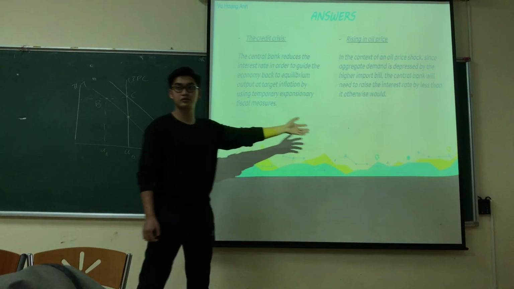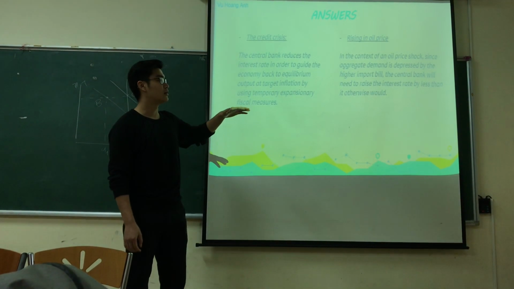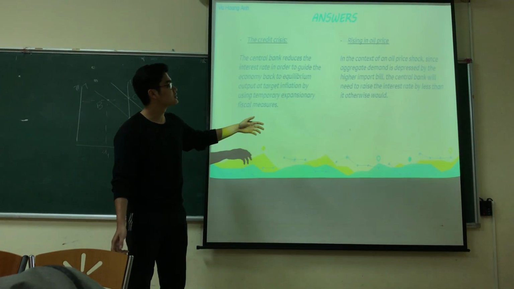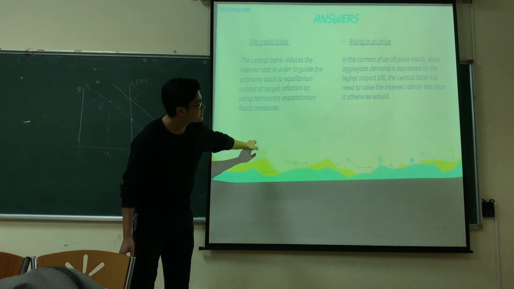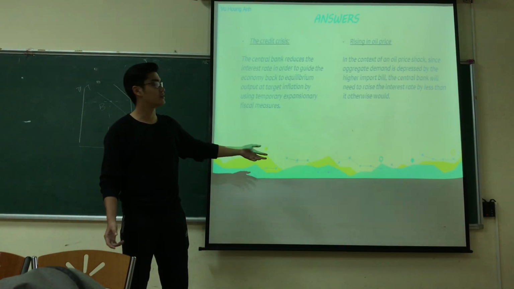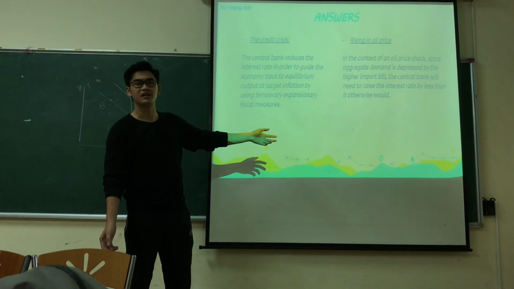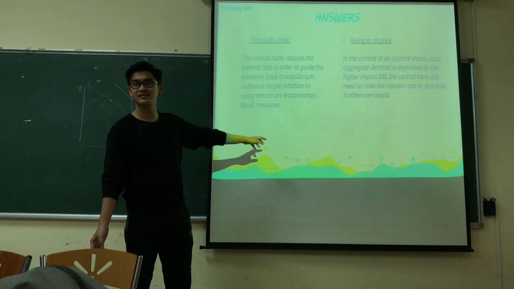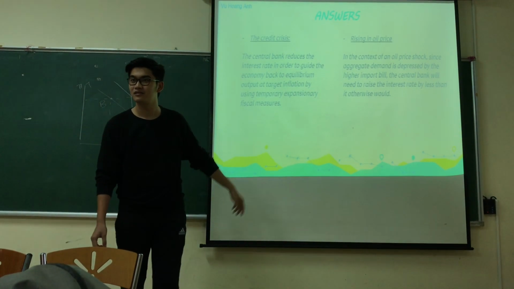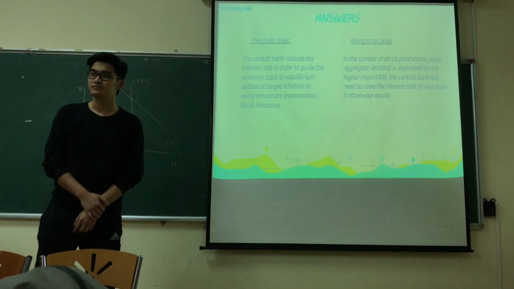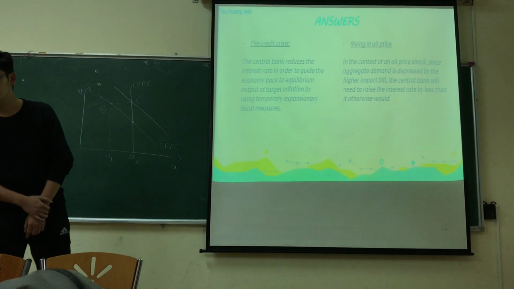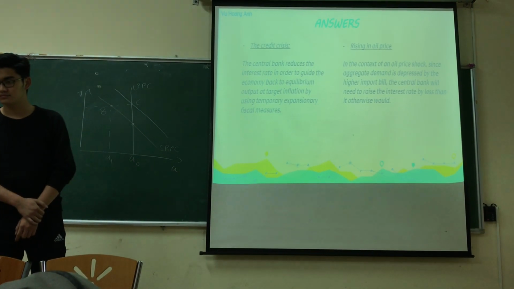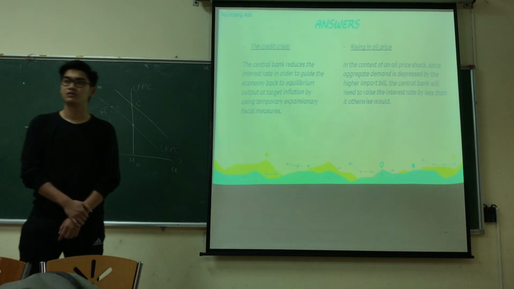It will decrease the interest rate, but not greater than the target, I guess. Okay, I will ask all of you. Is that true? Should the central bank raise or increase the interest rate if the AD decreases?